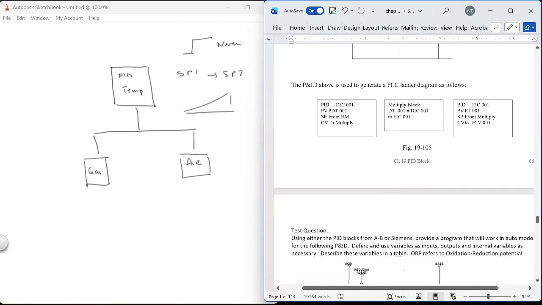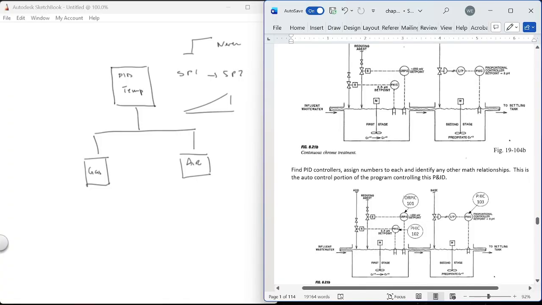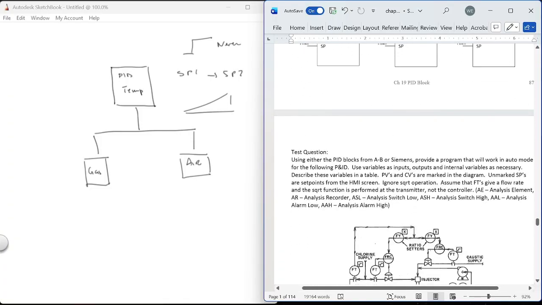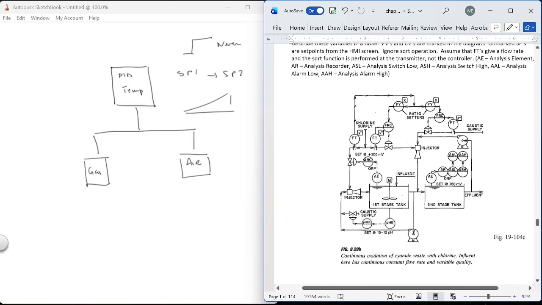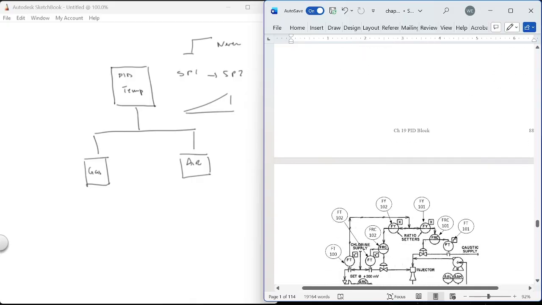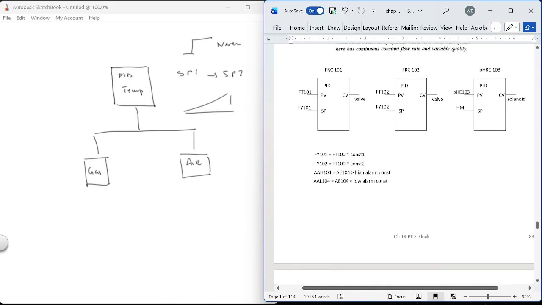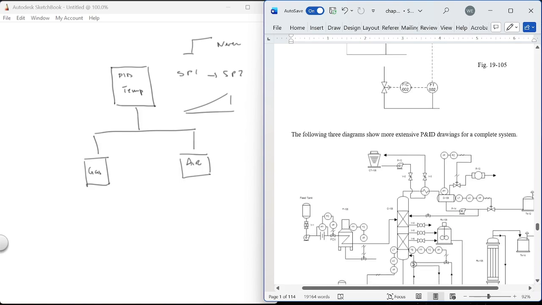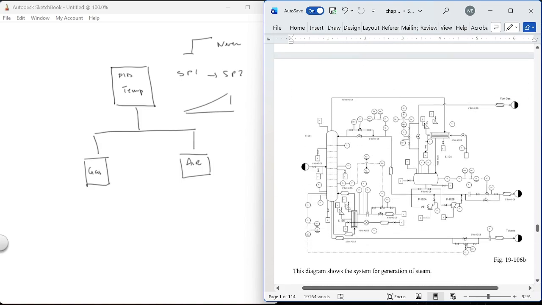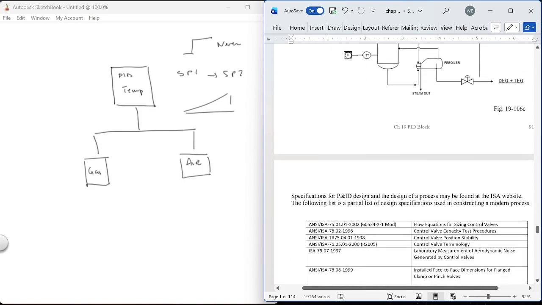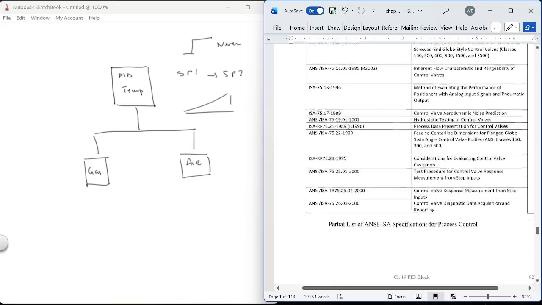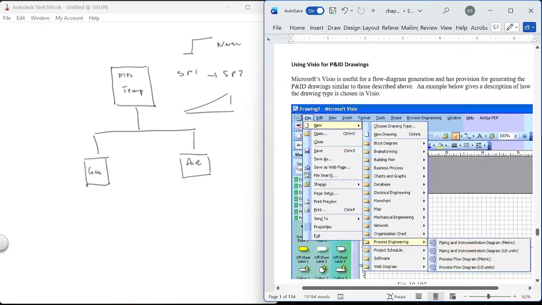So this is pretty much it, except for one more thing. I want you to go down here and see this, because we're getting through this gradually, very gradually, but we're getting through.